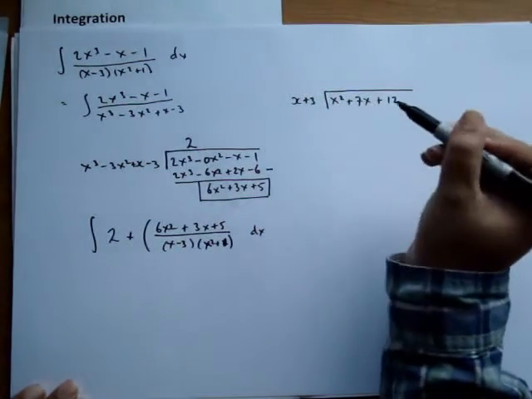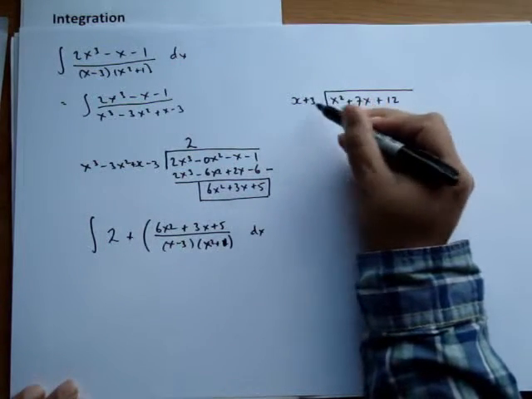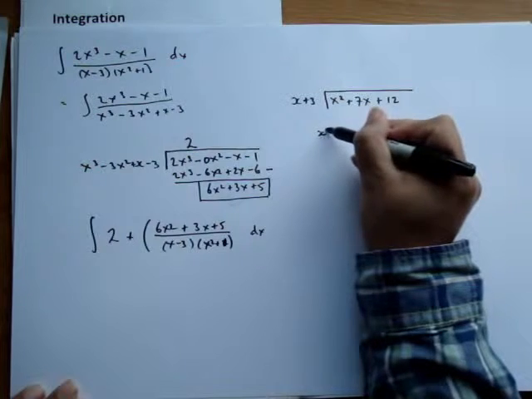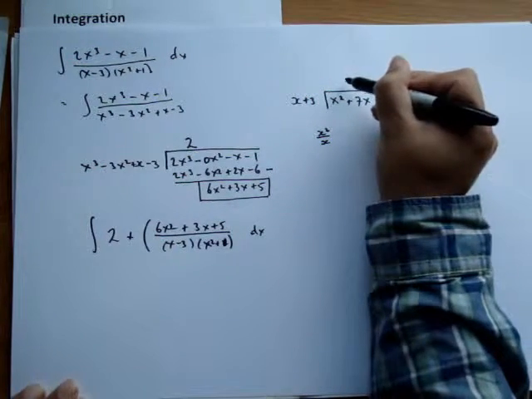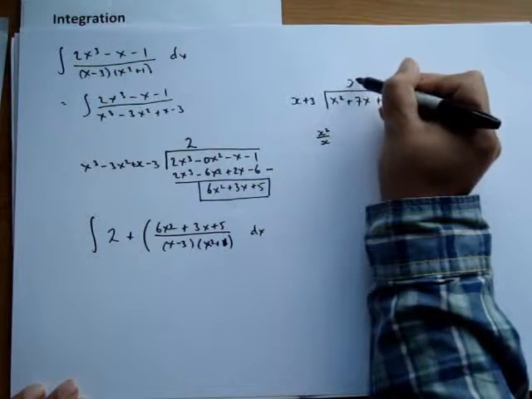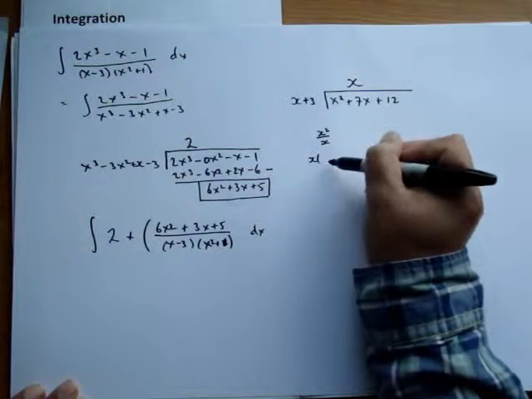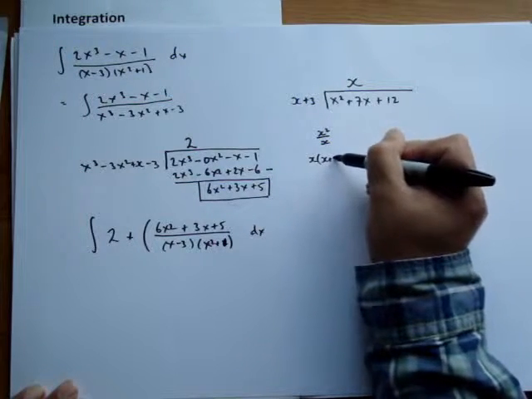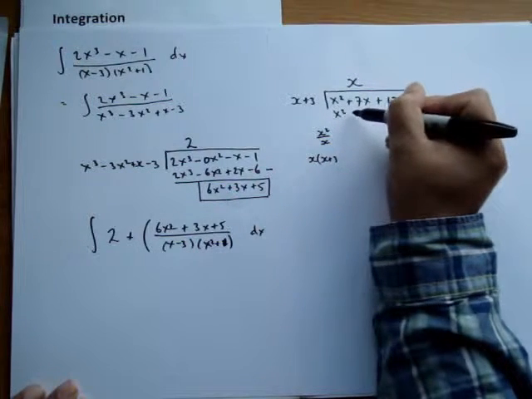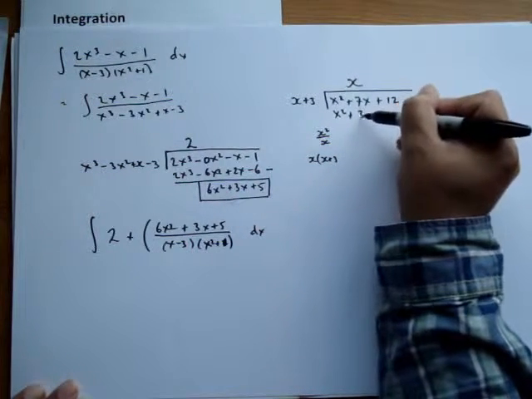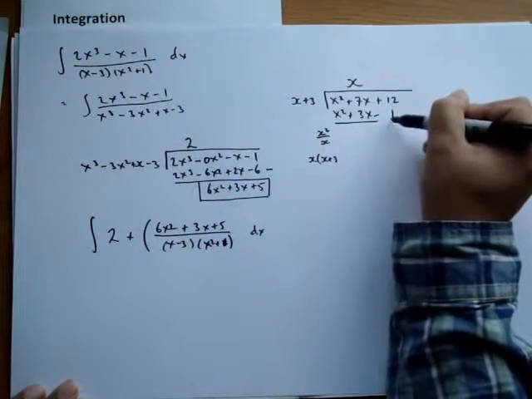So first of all, we look for these two x's, so x squared divided by x, that gives us x. I'll put the x on the top. Then we multiply the x by the x plus 3 and write that on the bottom here, which is x squared plus 3x.